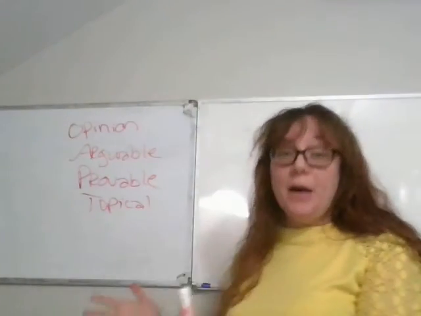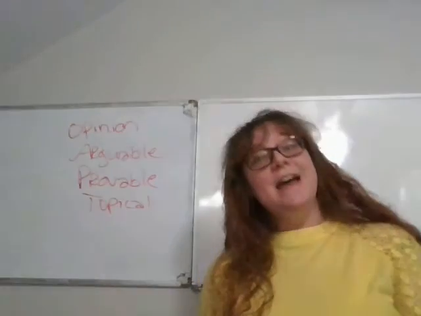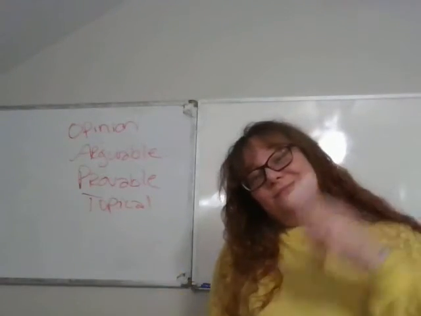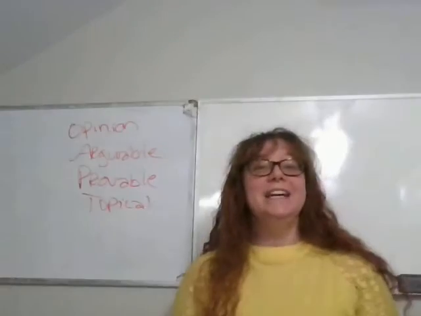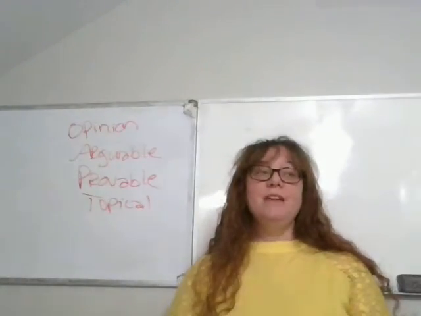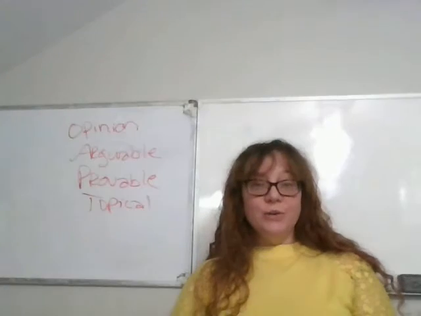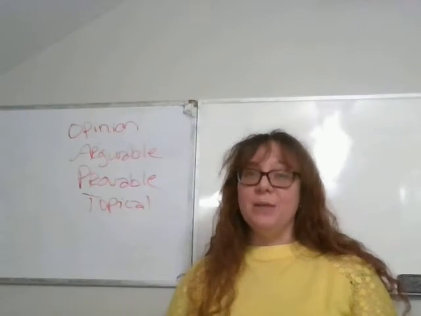It needs to be topical to your audience. Otherwise, people don't care all that much. So these are the four things that a thesis needs to be: opinionated, arguable, provable, and topical.